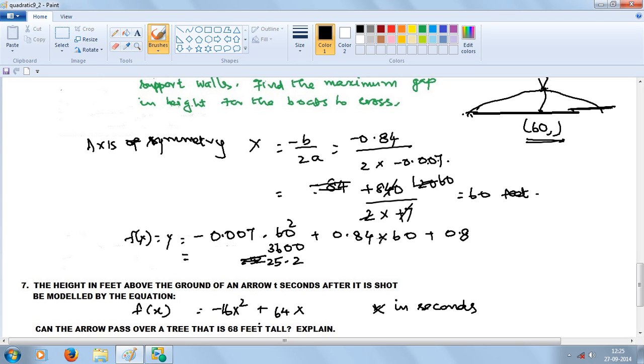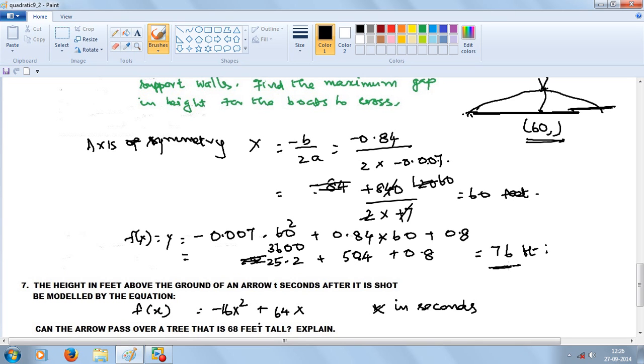Plus the next factor, 0.84 multiplied by 60: 6 fours are 24, 6 eights are 48 plus 2, 50. Now the decimal point, it becomes 50.4. Plus 0.8. So you add 50.4 plus 25.2, 75.6, plus 0.8, this is equal to 76 feet.